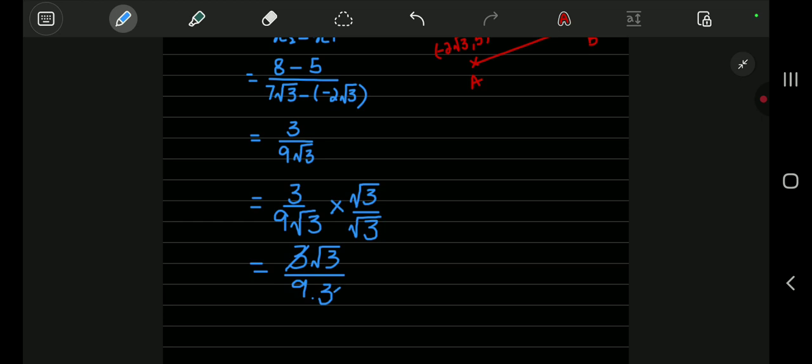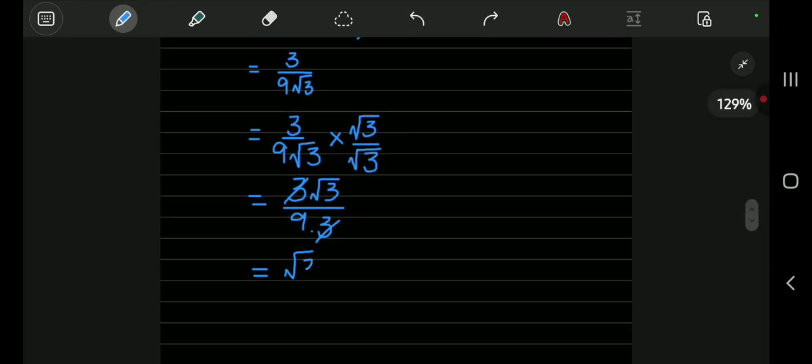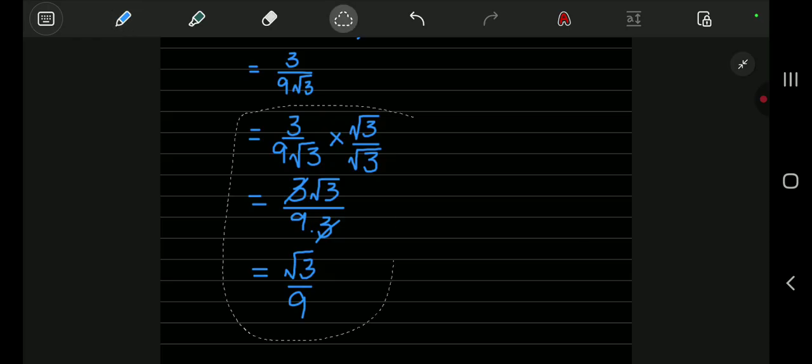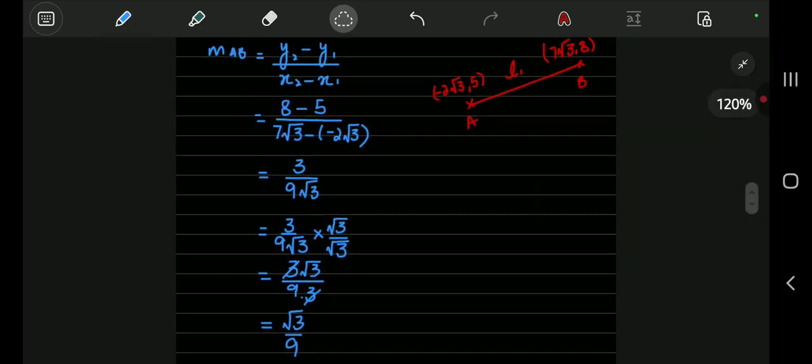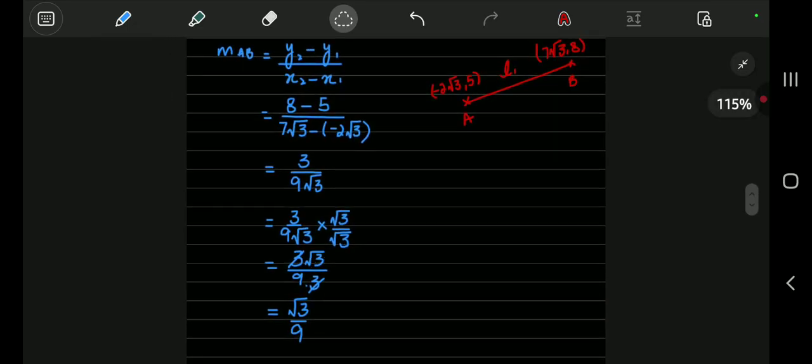Three and 3 will be cancelled and you will be left with root 3 over 9. Okay, so this is your working and this is how you get the gradient of your line AB.